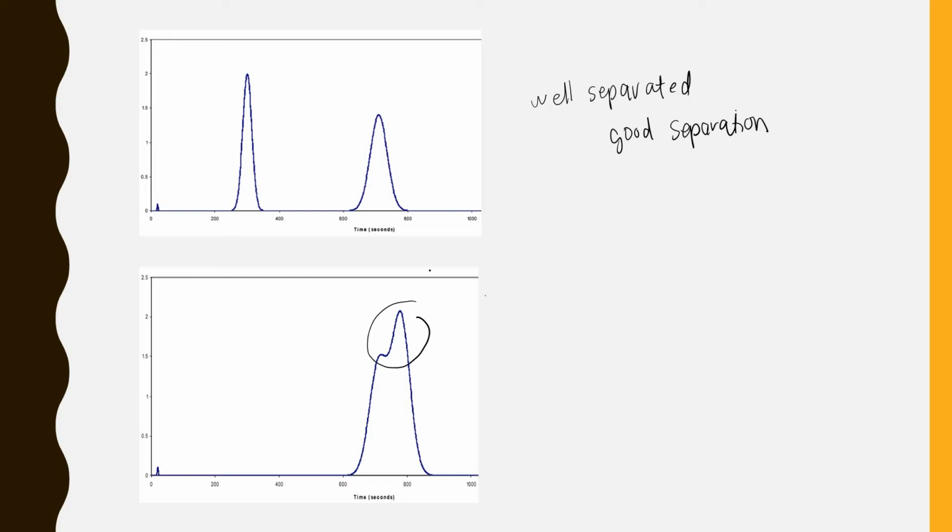You know that there are two compounds, but due to the very bad separation, you cannot determine in detail the baseline width WB, WH, and so on. From here, it's quite clear that the first one is very good data, well separated, and this one is very bad data, not separated at all. If you have this kind of problem, it's easier for you to detect.